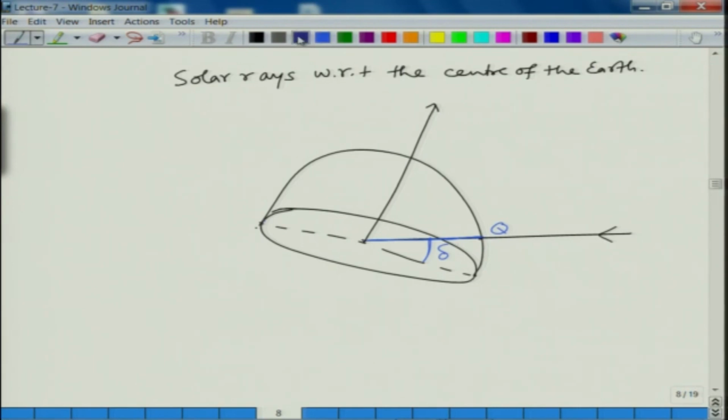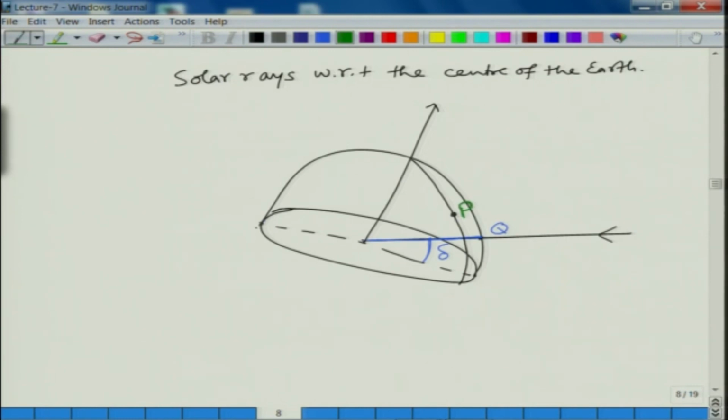And on the same figure, we can drop a meridian that is passing through this point P, which is the observer location.